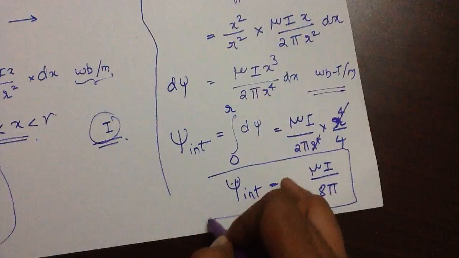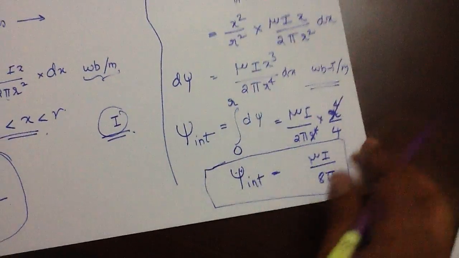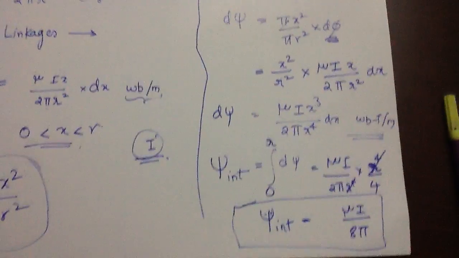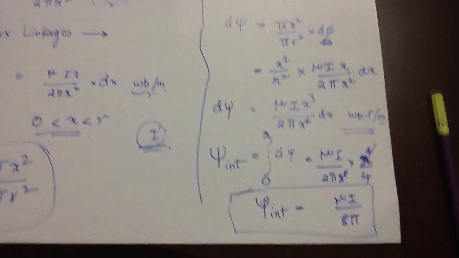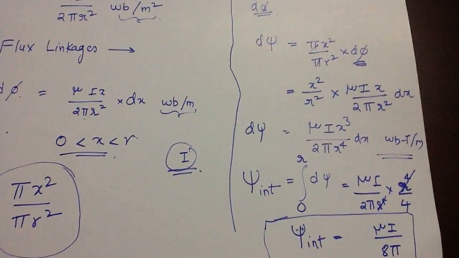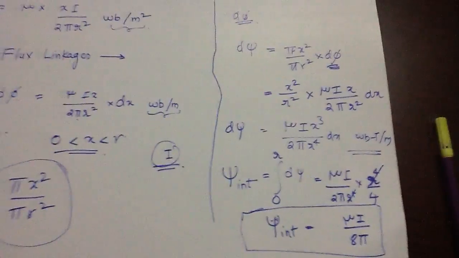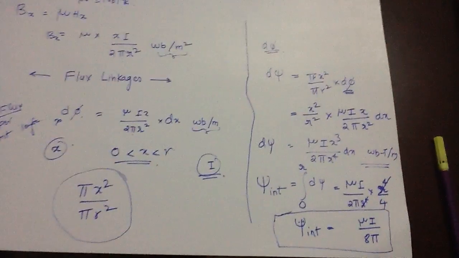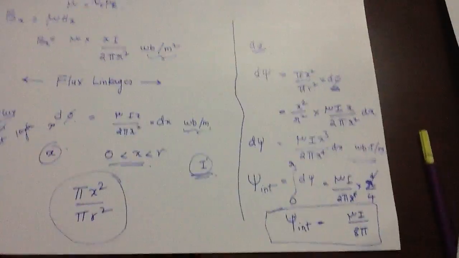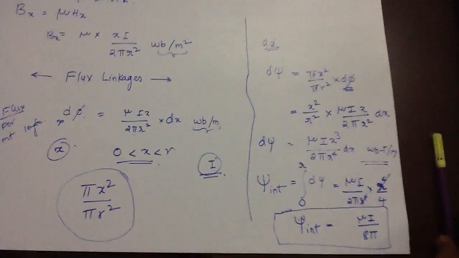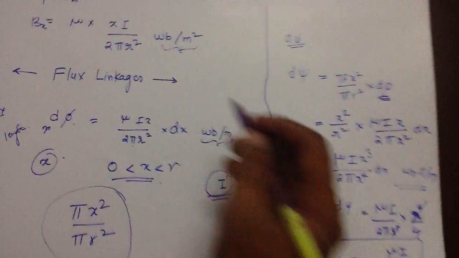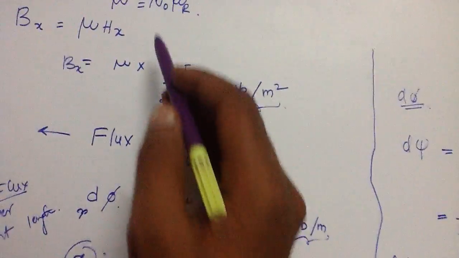So this is the actual internal flux linkages. So this is actually the total of all the internal flux linkages. But we can go further than this by considering that our conductor is non-magnetic, in which case we know our mu, which we just ignored here.